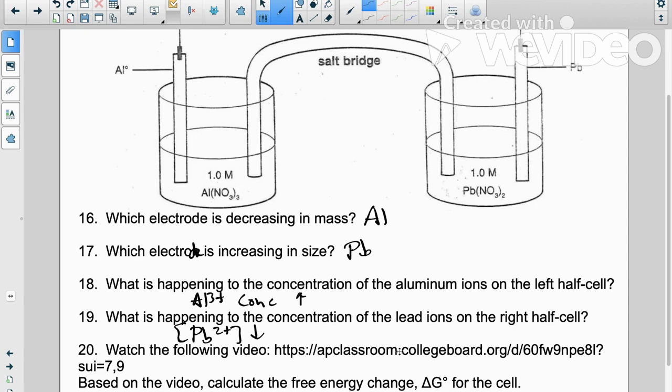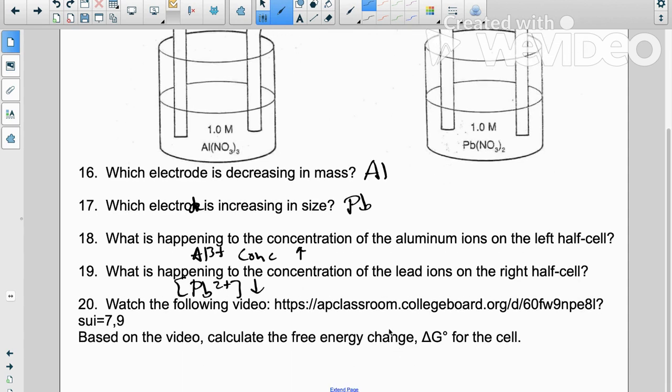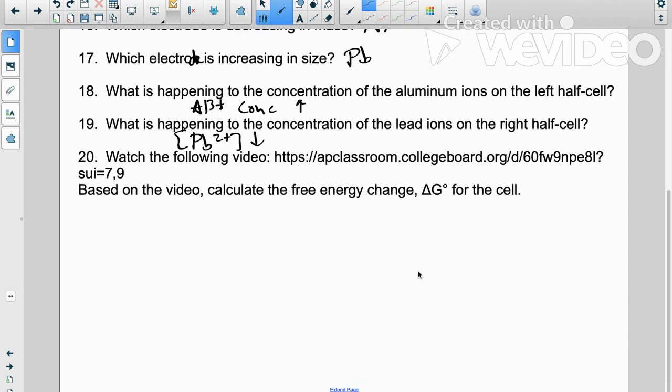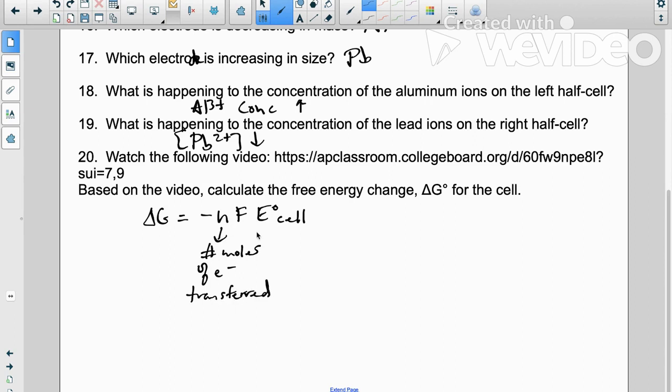Okay, and then we had to calculate the free energy change, delta G, for the cell. So there is an equation, delta G equals minus nFE, and you do not need to memorize this. This is on your equation sheet. n is the number of moles of electrons transferred.